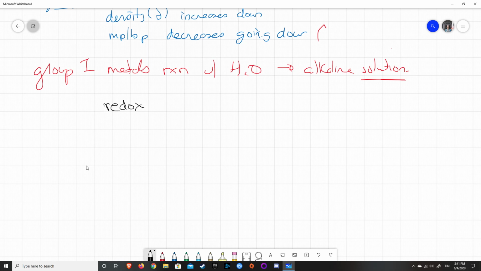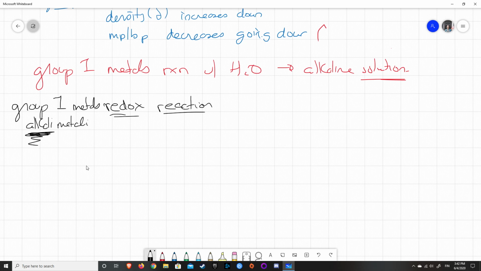It's a redox reaction, a reduction oxidation reaction. Let's look at the equation first and analyze it. The most important thing to remember here is group 1 metals are called alkali metals, so we can imagine the solution is going to be alkaline after the reaction.